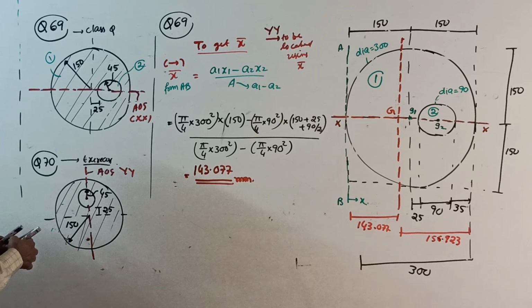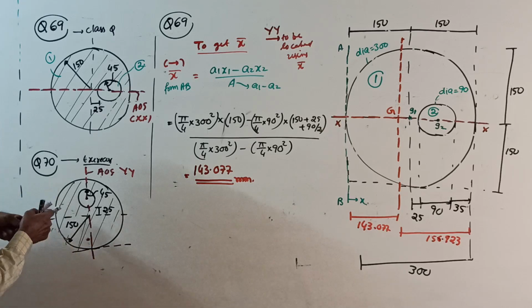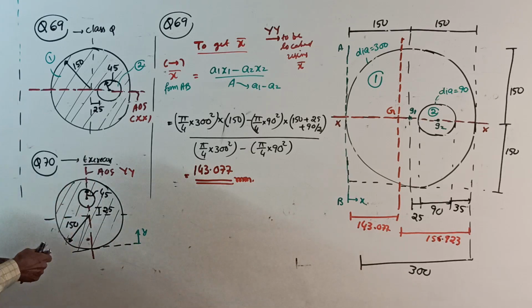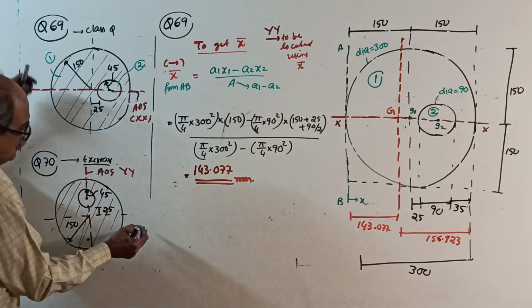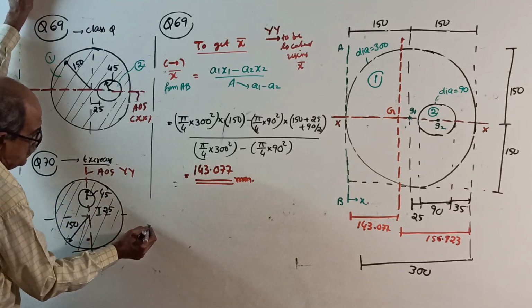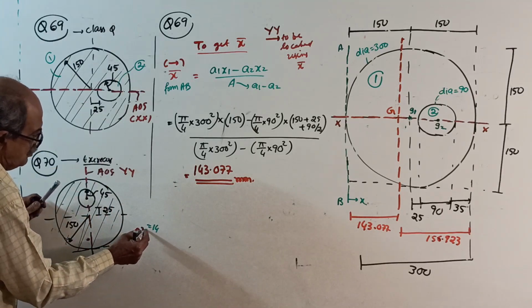So what you do is, instead of X bar from the reference line here, you find Y this way, find Y bar. Your Y bar for next question from bottom edge will come same 140, my guarantee, because I did not change the question.